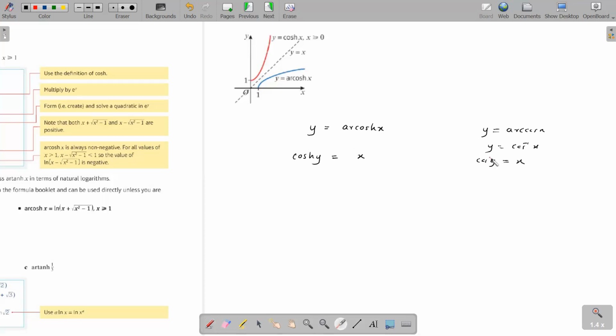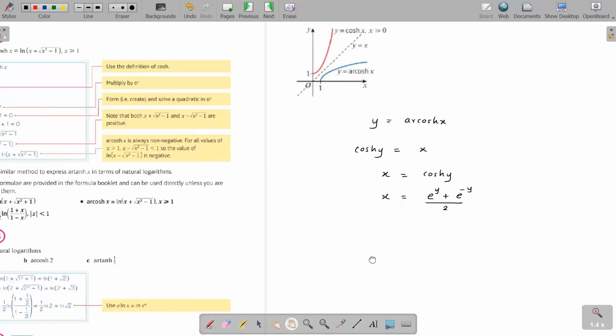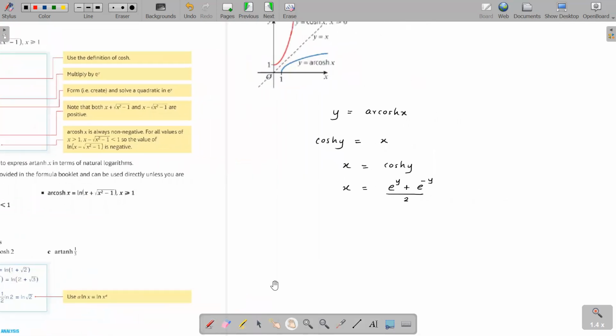Same thing. So I write x equals cos y. And we have an expression for cos in terms of exponents. It was e to the power y plus e to the power minus y, divided by 2, right, guys? It was given in the very first page of the lesson.